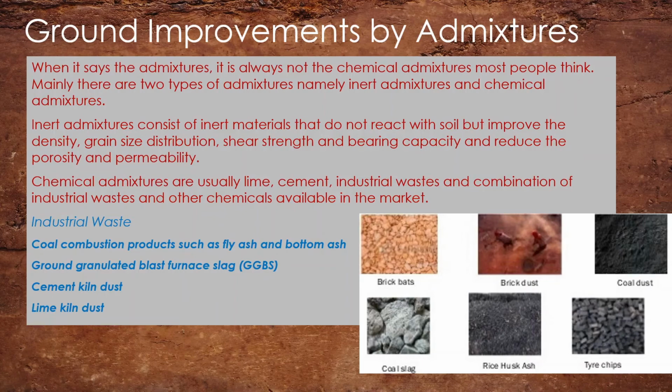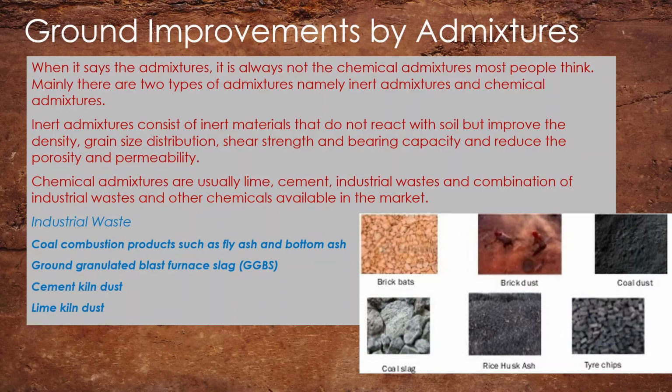Inert admixtures consist of inert material that does not react with the soil but improves the density, grain size distribution, shear strength and the bearing capacity, and reduces the porosity and the permeability. Chemical admixtures are usually lime, cement, industrial waste, combinations of industrial wastes, and other chemicals available in the market. Those are the chemical admixtures.